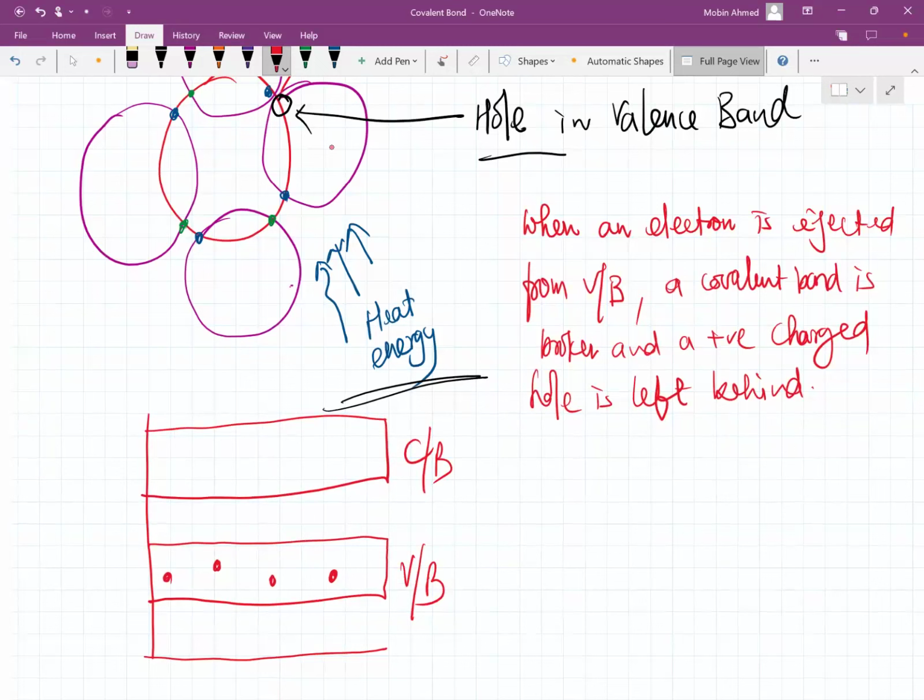So when the heat energy is given, this electron is ejected and has gone and become a free electron, whereas here it is going to create a hole. So this will be the energy band of the same.